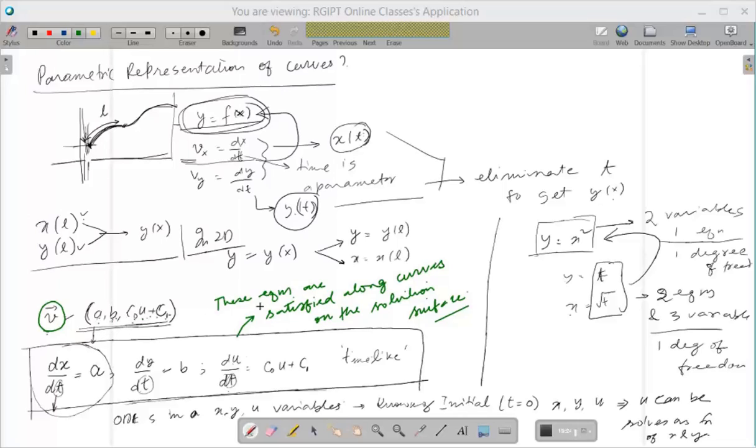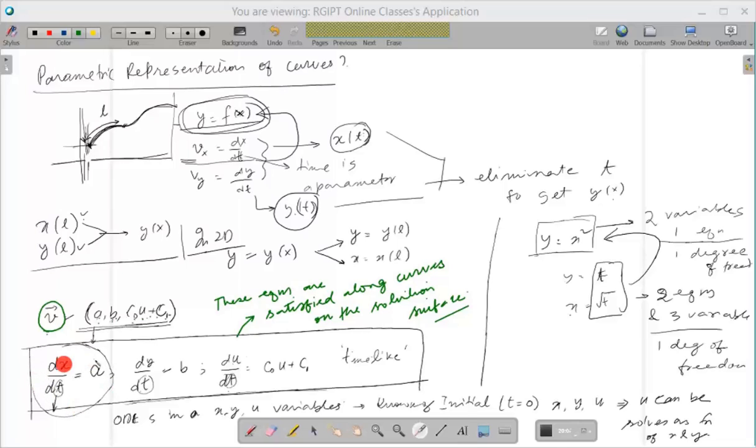When I keep on moving on the solution surface this way, I will trace a curve on it. That particular curve will follow these three equations. This is basically from the form of the vector along which I'm always pointing: the tangent vector along that curve is always parallel to A, B, C0 u plus C1. Since the tangent is parallel to this vector, I can write the equation of the curve by stating these three equations.